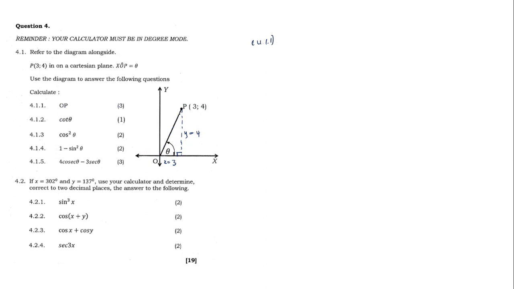Now the first question, which is 4.1, says calculate OP. We're going to use the theorem of Pythagoras using this right-angled triangle. OP squared is equal to x squared plus y squared. The x in this case is 3 to the power of 2, and y is 4 to the power of 2.